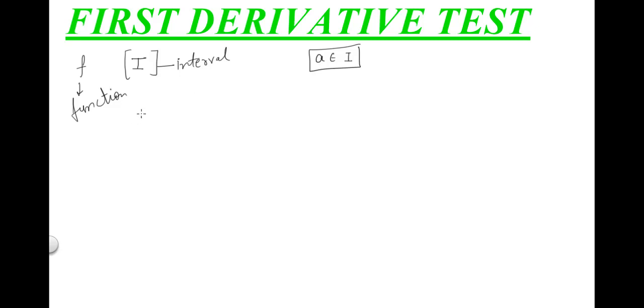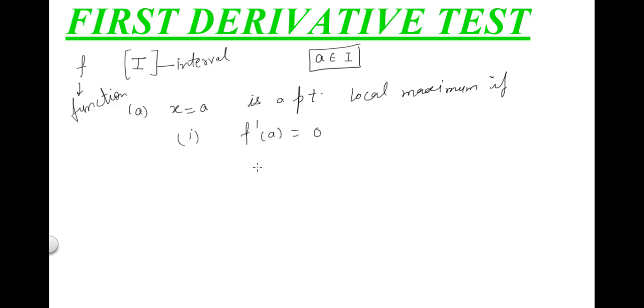Now then, first, x equal to A is a point of local maximum if f dash A is equal to 0.